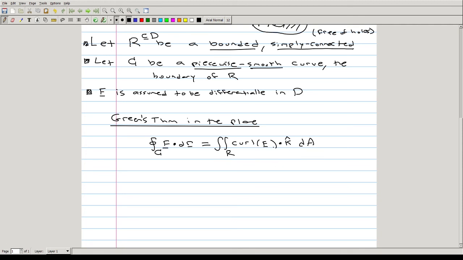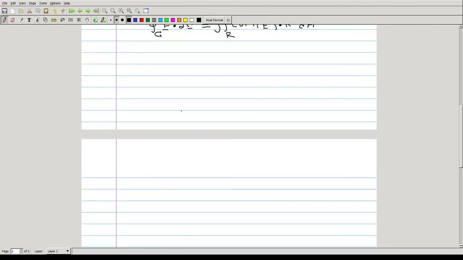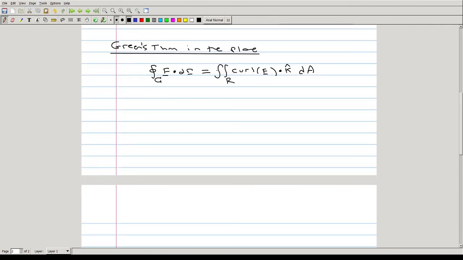As long as these three assumptions are true, Green's theorem in the plane is saying that the total circulation of the vector field around C is exactly equal to the double integral of the curl of this vector field in 2D.